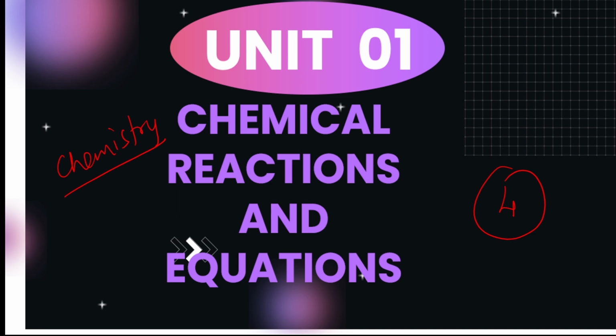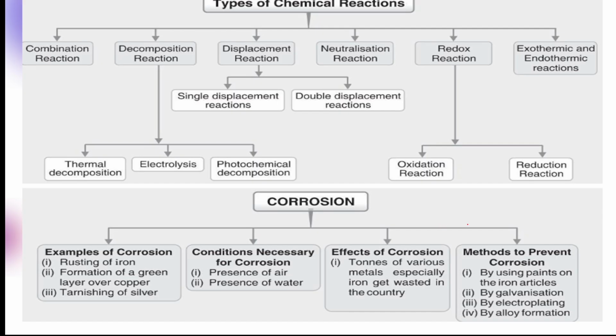Now in this unit, the most important thing to remember is that this is the complete flow chart of your particular chapter. Correct? As soon as you enter the chapter, there are two different changes, that is physical and chemical changes. I'll give you the example also. One MCQ would come.